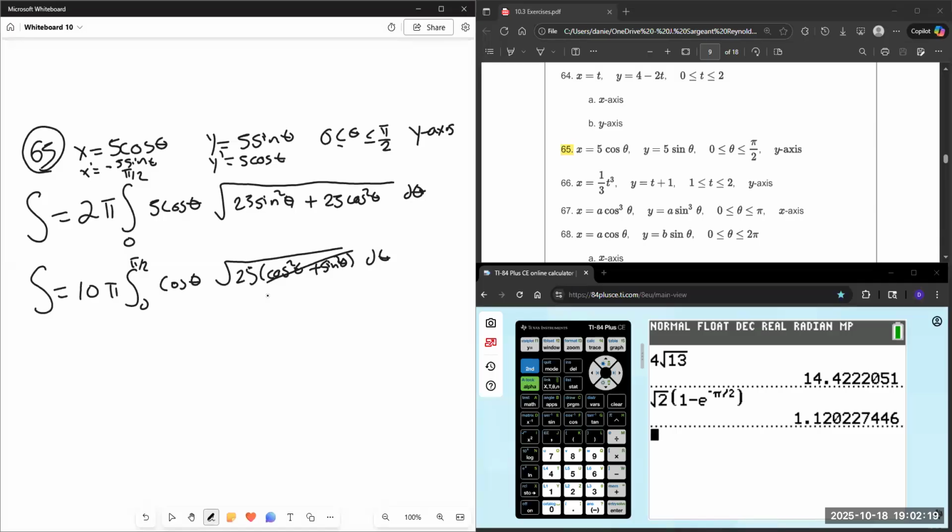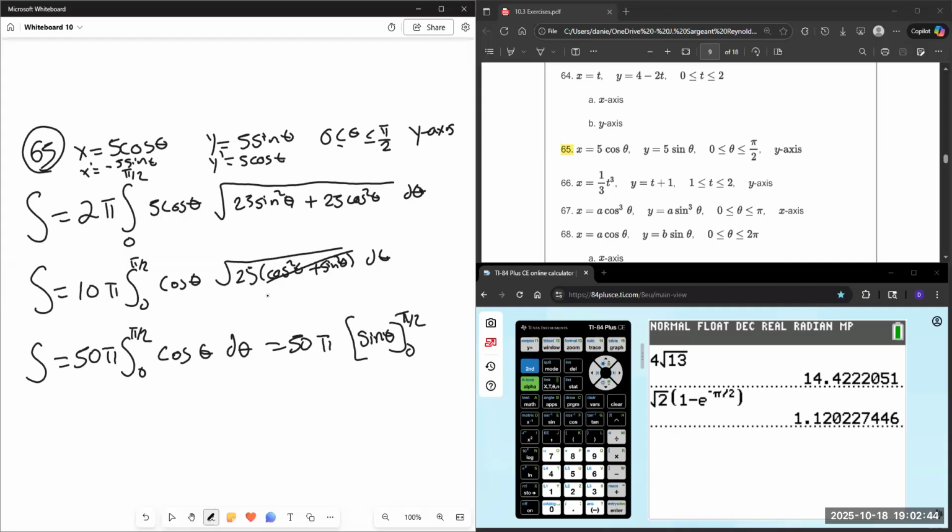Square root of 25 is 5. So pull that 5 out now and make 50 pi, integral of 0 to pi over 2 cosine of theta d theta will be 50 pi sine of theta from 0 to pi over 2.